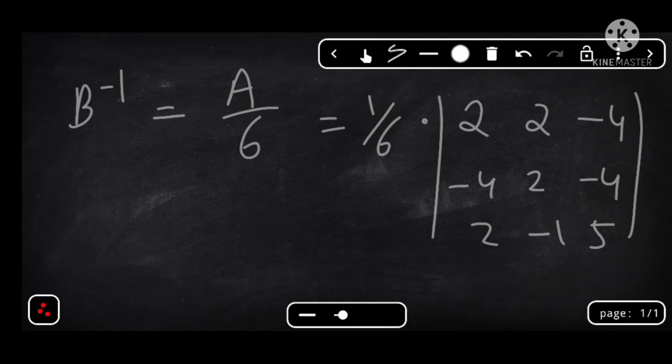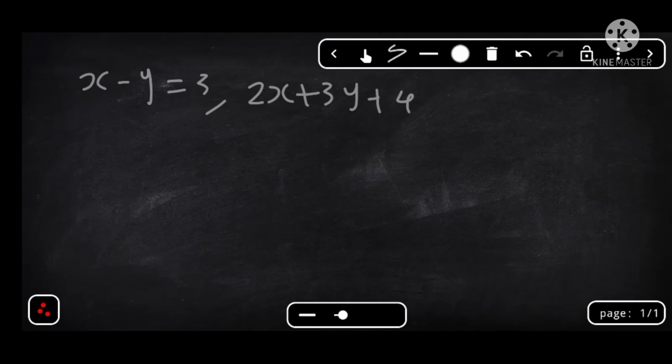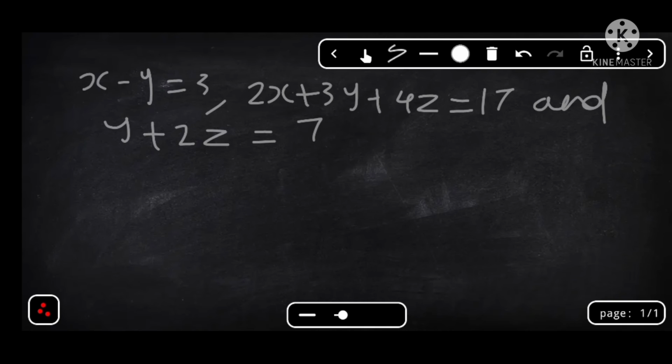Now we are given a system of equations: x minus y equal to 3, 2x plus 3y plus 4z equal to 17, and y plus 2z equal to 7. So let's take the coefficients and form the matrix.